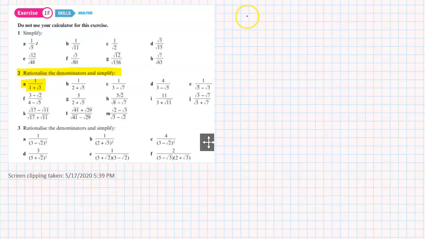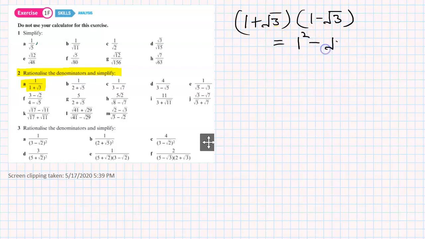Now you have to remember one thing, that 1 plus root 3 times 1 minus root 3 is always equal to 1 square minus root 3 square. So that is equal to 1 minus 3.